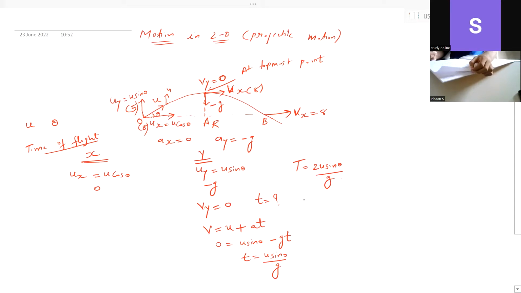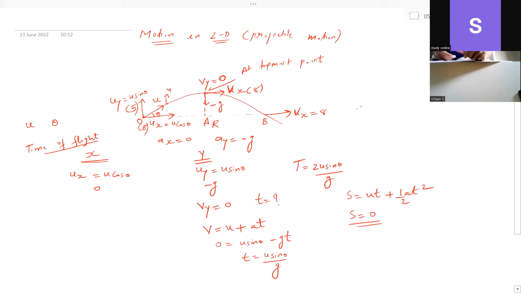So this is one way of calculating time. Even we can do it like this also. In the y direction, as you see, the distance covered is 0. From here, I'm talking about y, it's again coming back to the same point. So we can also use S equal to ut plus half at square, considering the y direction only.